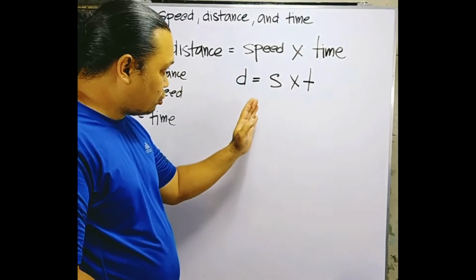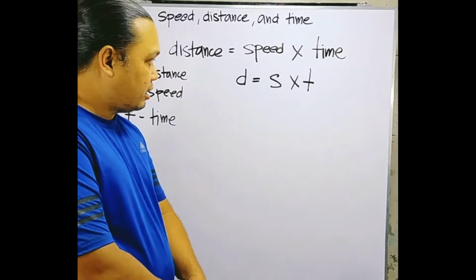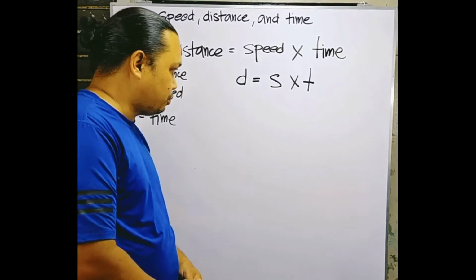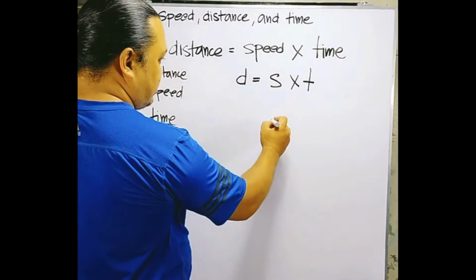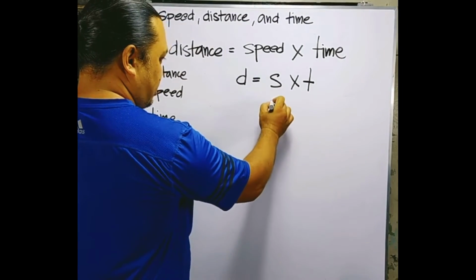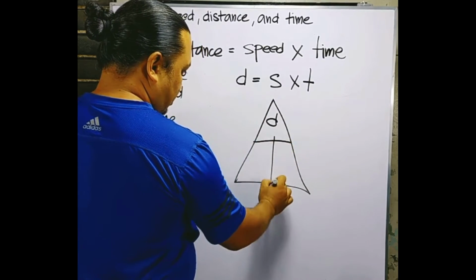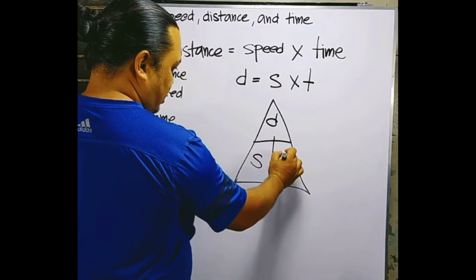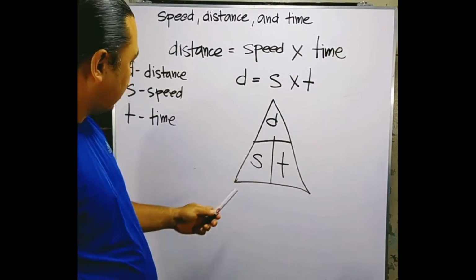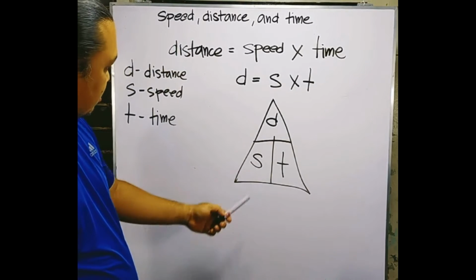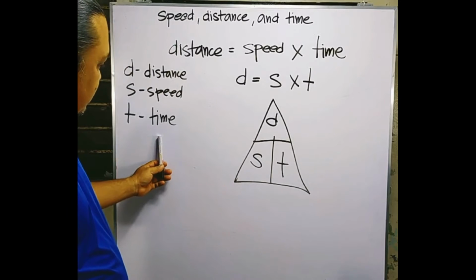We can also use the Tekans triangle. If you arrange this using a Tekans triangle, we have d, s, and t, where d is for distance, s for speed, and t for time.